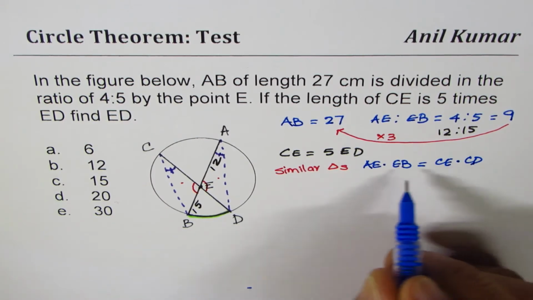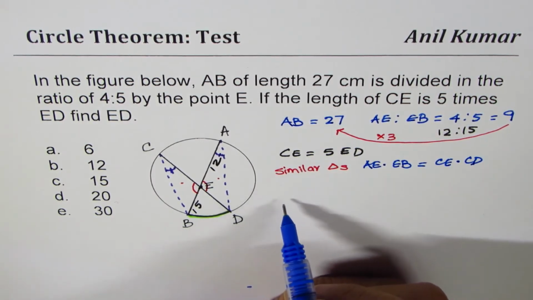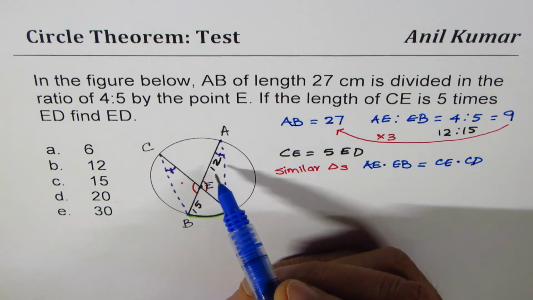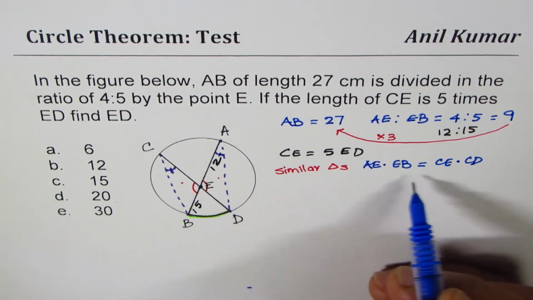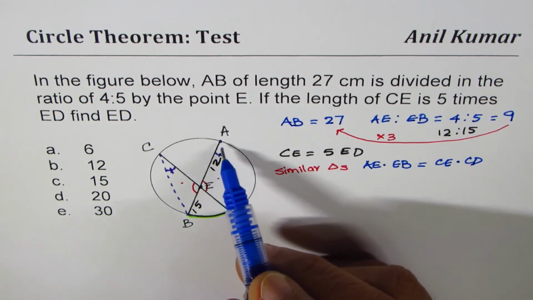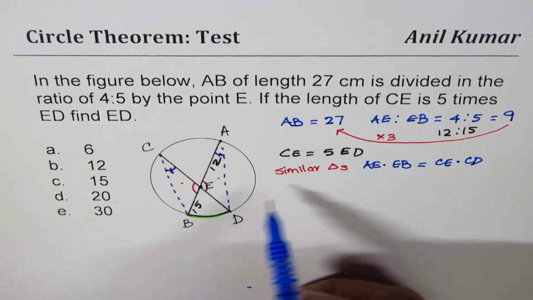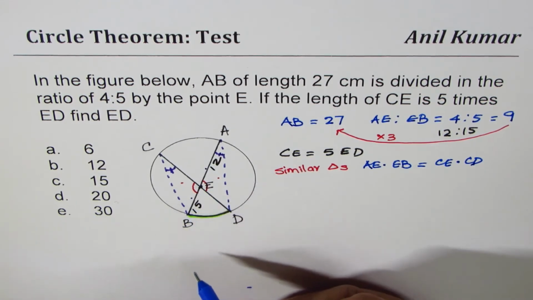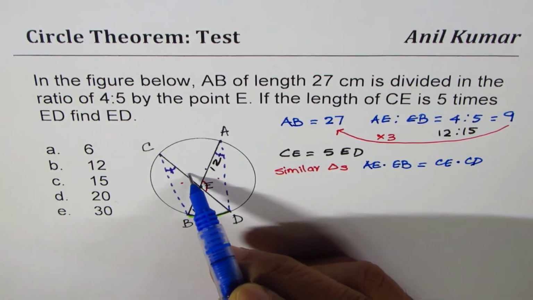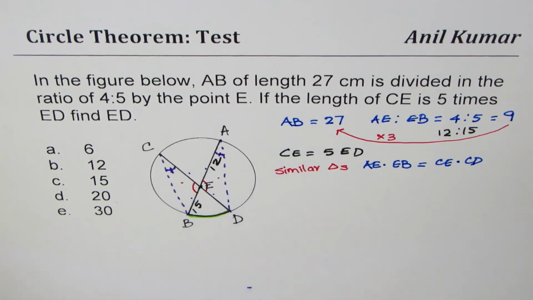Now this is a better way of writing rather than the ratios. I could have written ratios also, but this is better since it's a product, right? So in such cases, using similar triangles, we can say the product of these two segments is equal to the product of the other two segments of the chord.